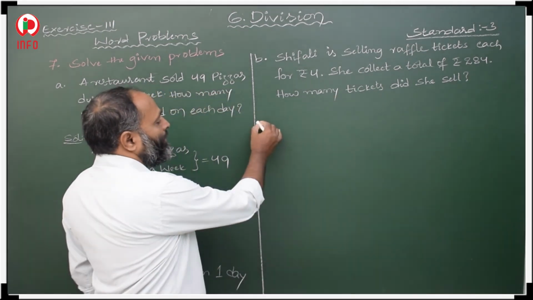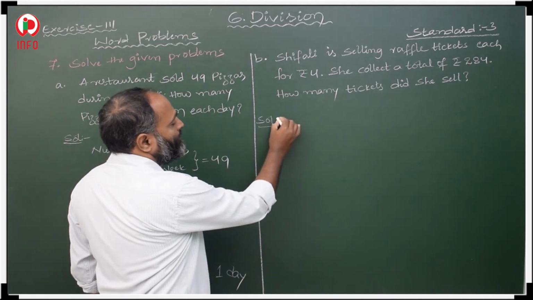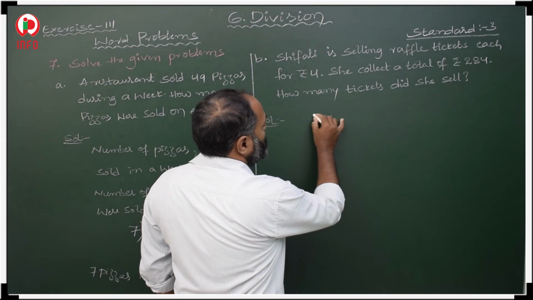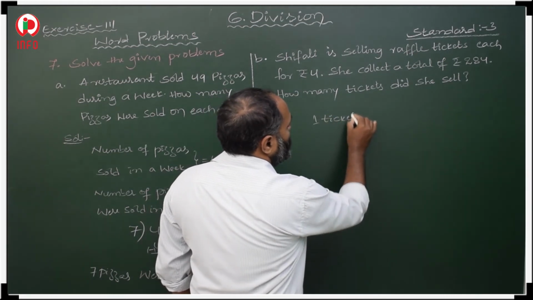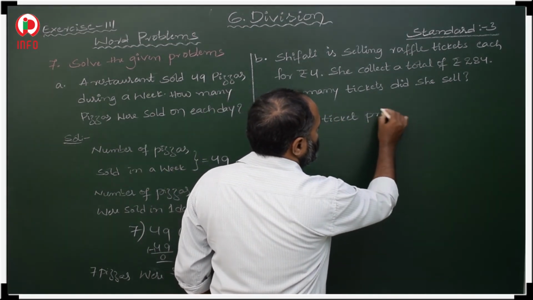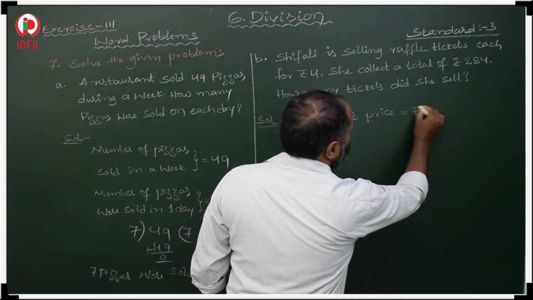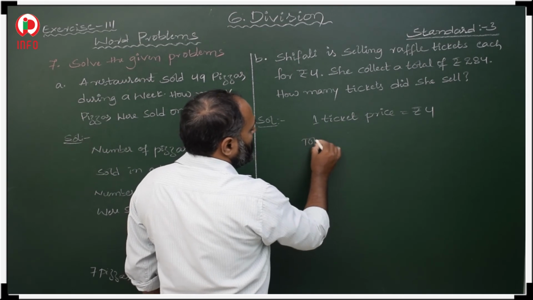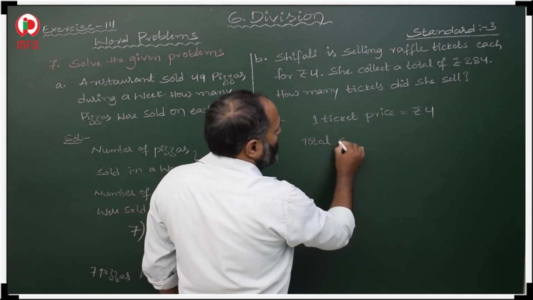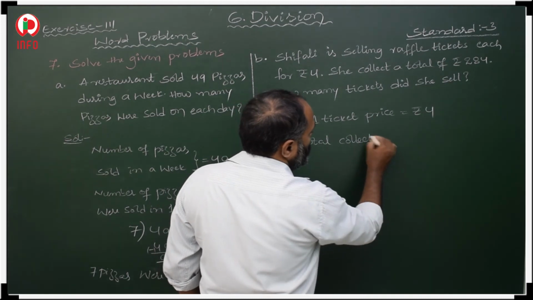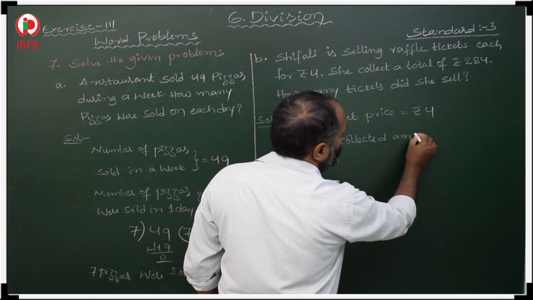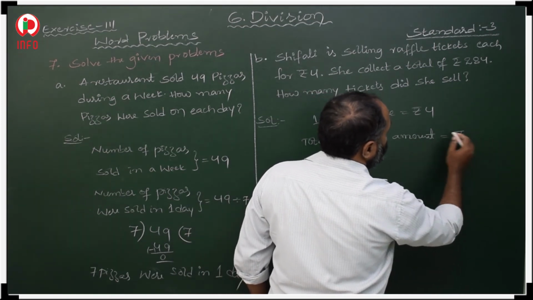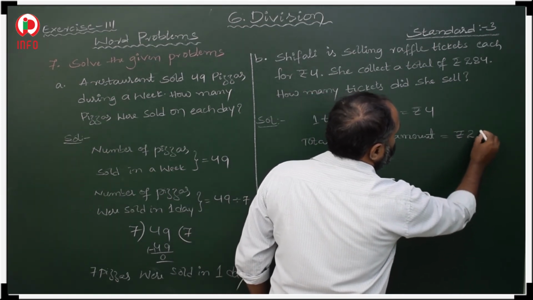Then right here: one ticket price, rupees 4. Total collected amount, how much they collected? Rupees 284.